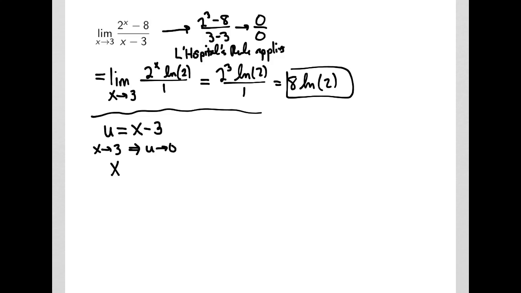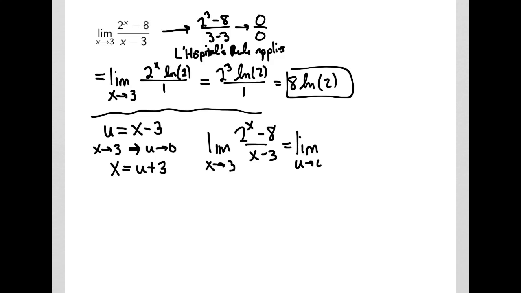And every x that I see in the formula must be replaced by u plus 3. So the limit as x approaches 3 of 2 to the x minus 8 over x minus 3 can be replaced with our substitution as the limit as u goes to 0 of 2 to the u plus 3 minus 8 over u.